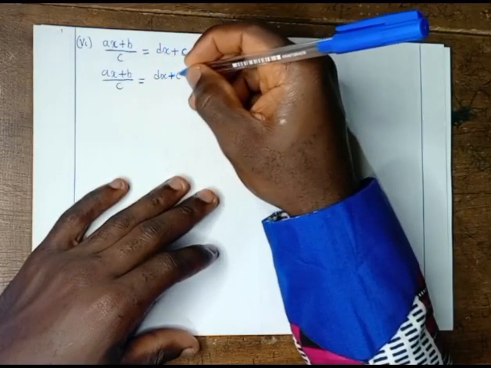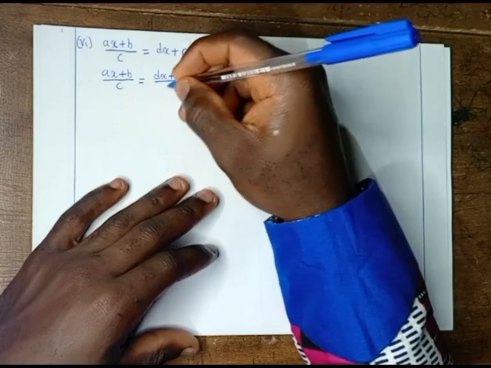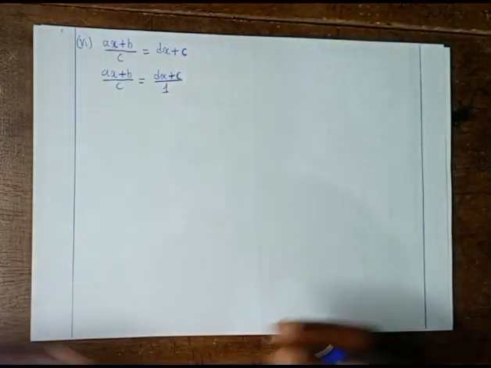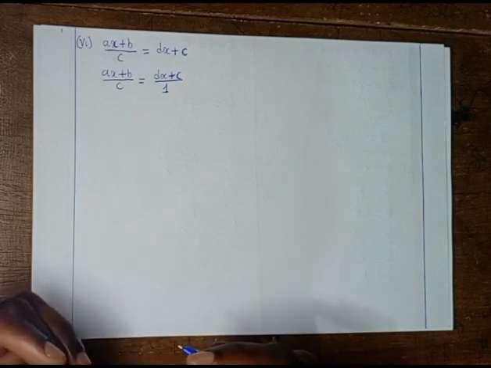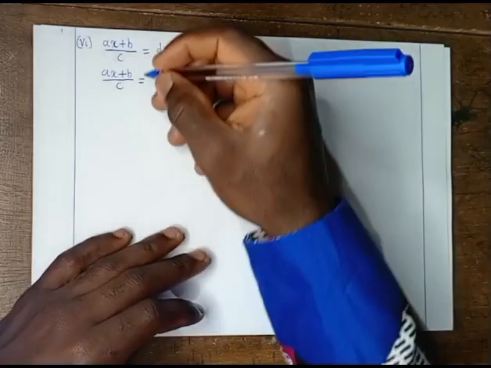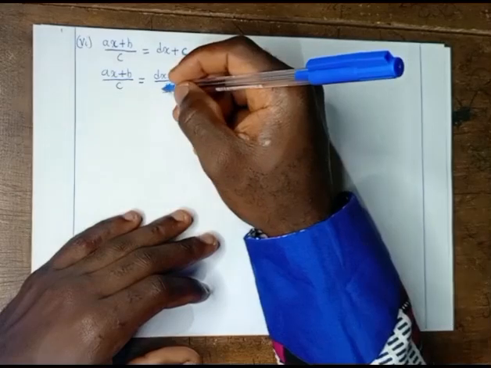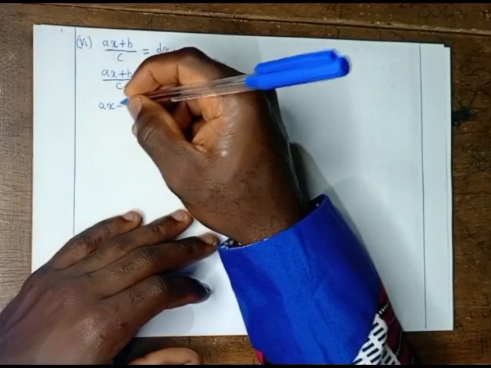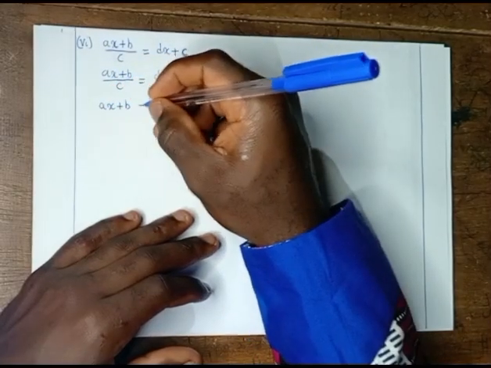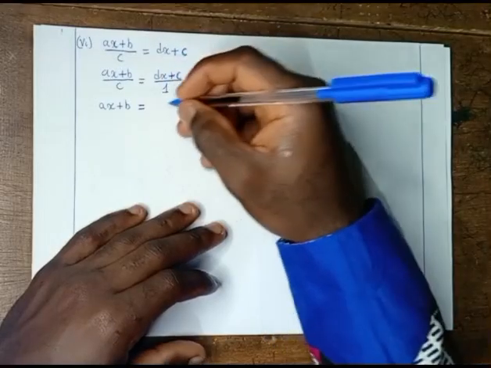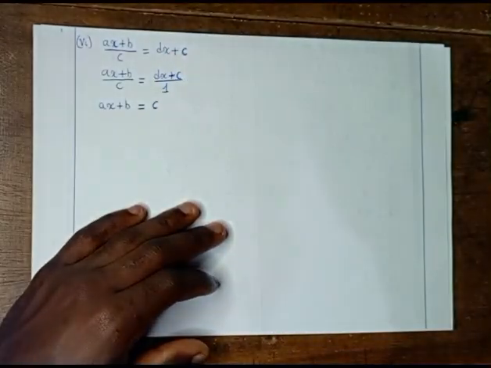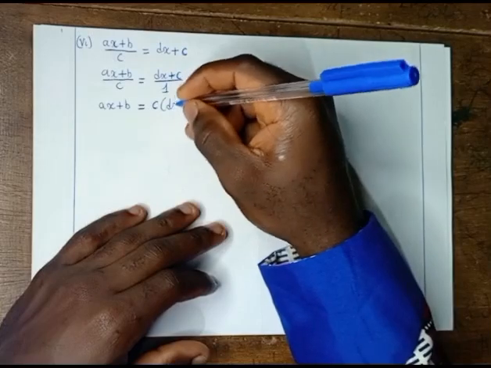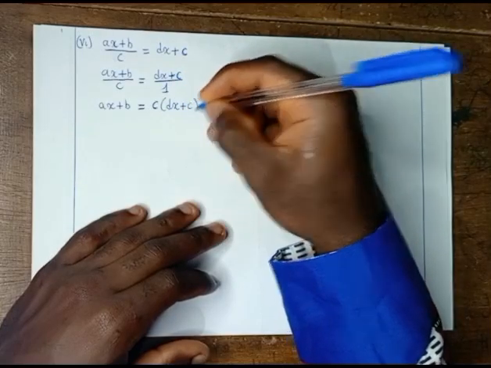You can write dx plus c as dx plus c over 1, so that we can easily cross multiply, or we multiply through by the LCM, which is c. This will give us ax plus b times 1 remains ax plus b is equal to c times c. We are multiplying all this by c times dx plus c.